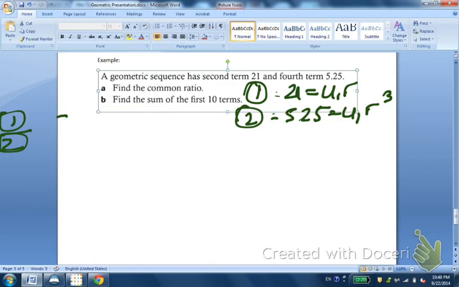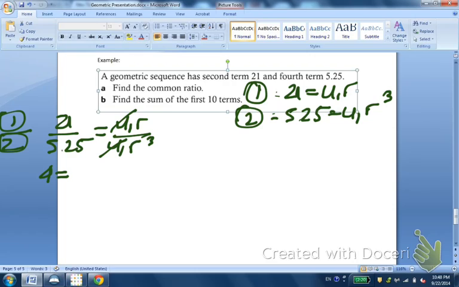We get 21 over 5.25 is u1r over u1r cubed. The u1's obviously cancel. 21 over 5.25 is 4. r over r cubed is r to the 1 minus 3, which is negative 2. So 4 is 1 over r squared.